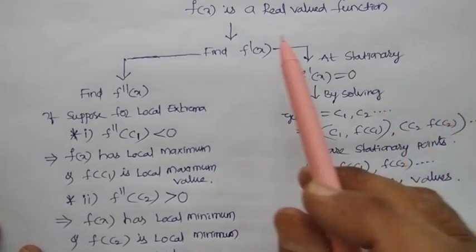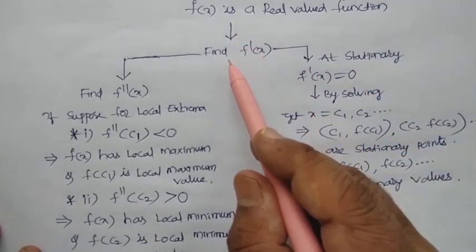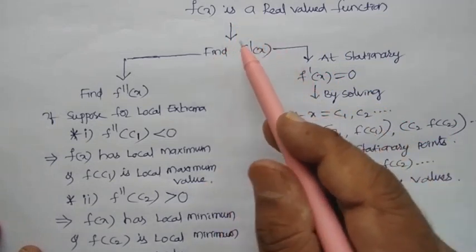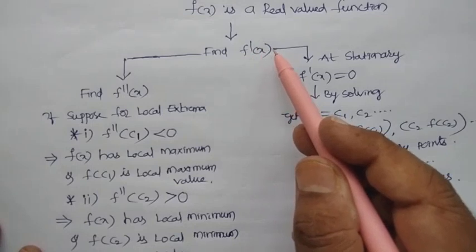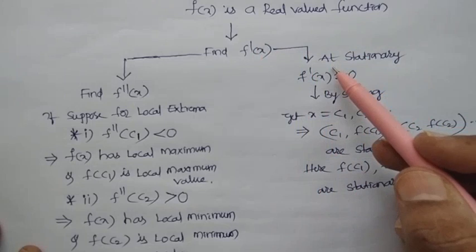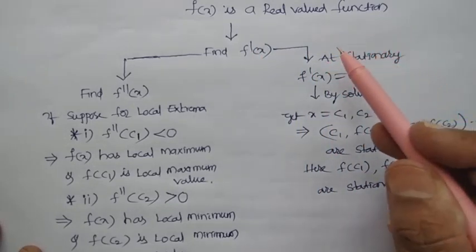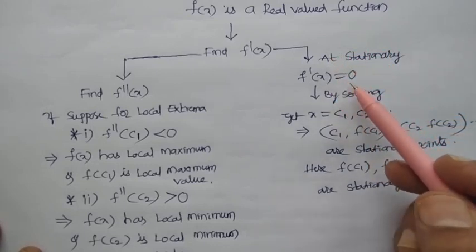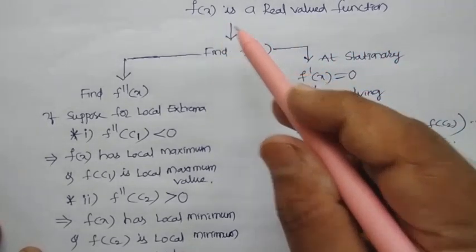If suppose f of x is a real valued function, the first step you need to do is find what now? f dash of x. You have to find f dash of x now. Then you move to your right side. So you find the stationary points. At stationary, what you have to do? As we discussed in the note, the f dash of x value is 0 at the stationary point of the f of x function.